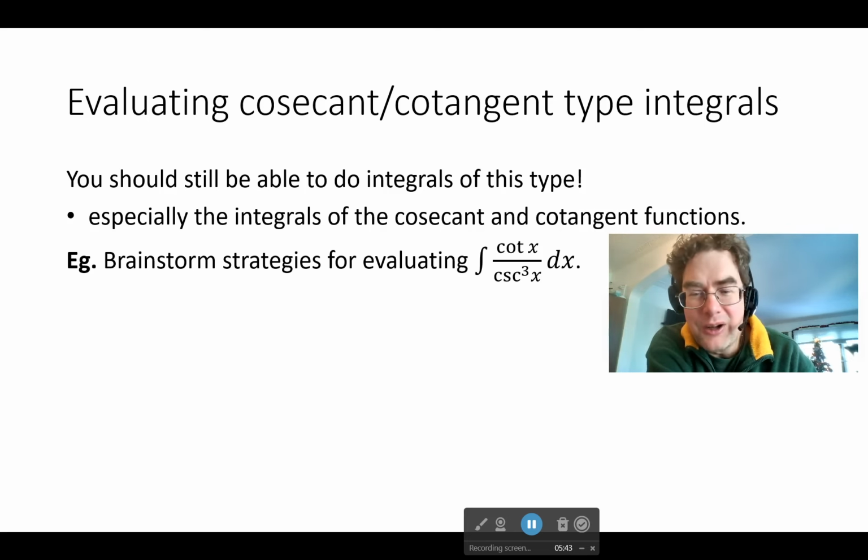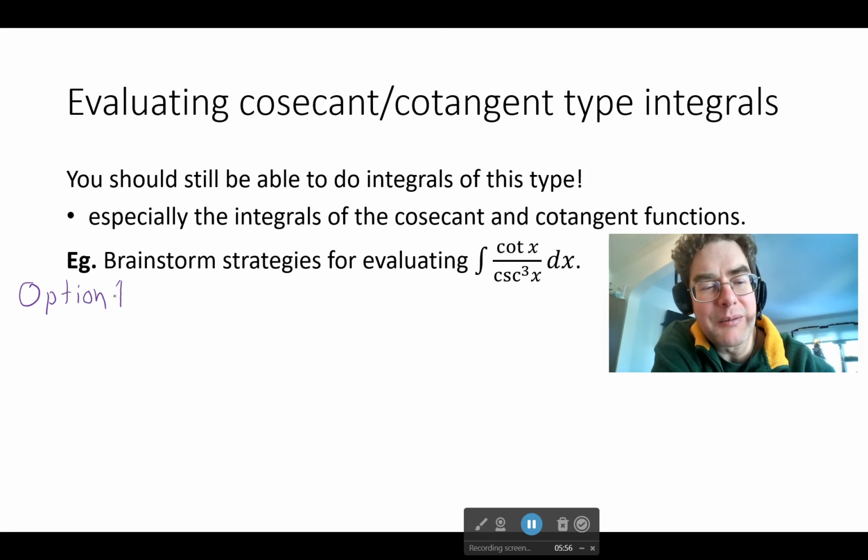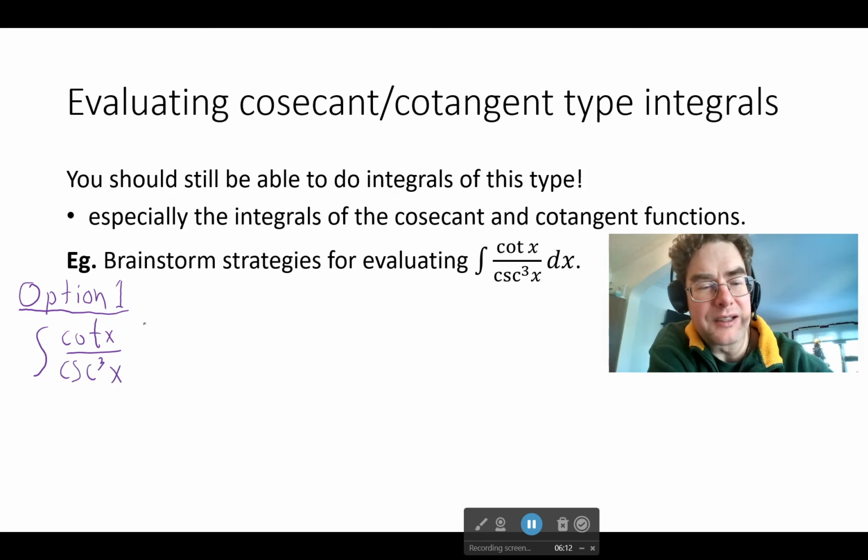Now in this integral, a little bit of a twist is that we don't really seem to have either one of those, so let's get it in there. Just because something's not in there doesn't mean that we can't somehow finagle it in there. So for option one, what I'm going to do here is take that original integral and multiply it by 1 in a strategic way to get one of those factors in there that are of the type that I want.